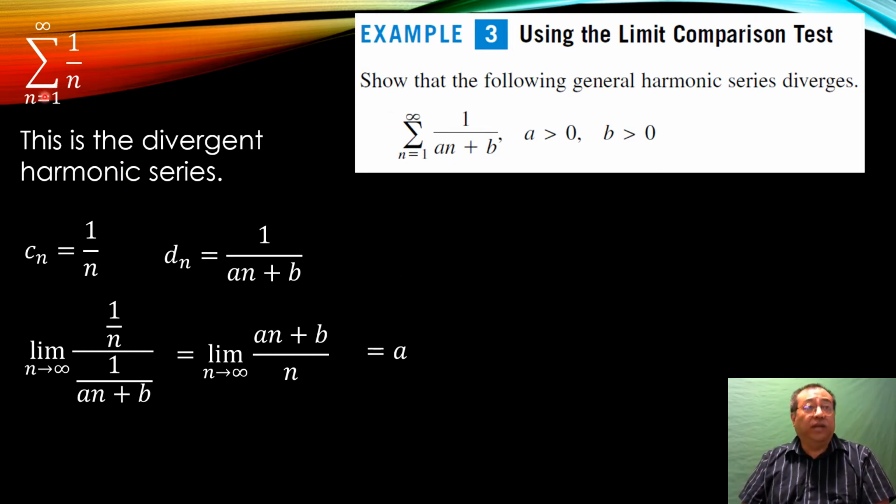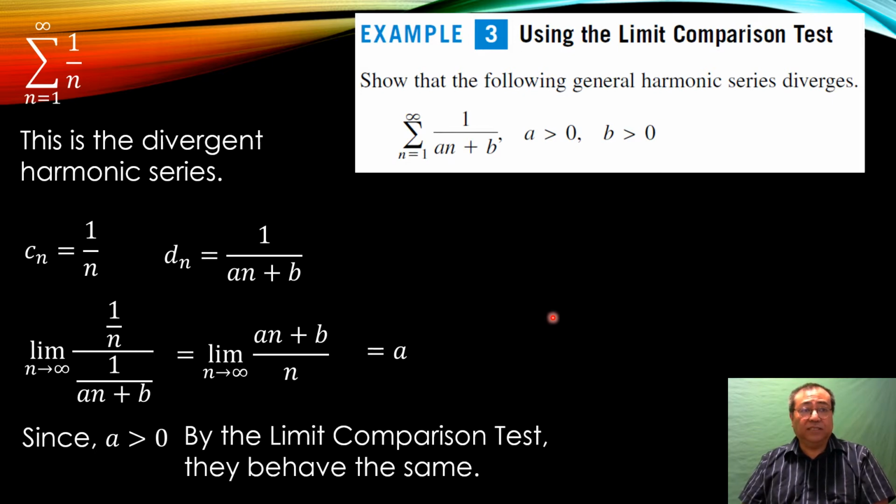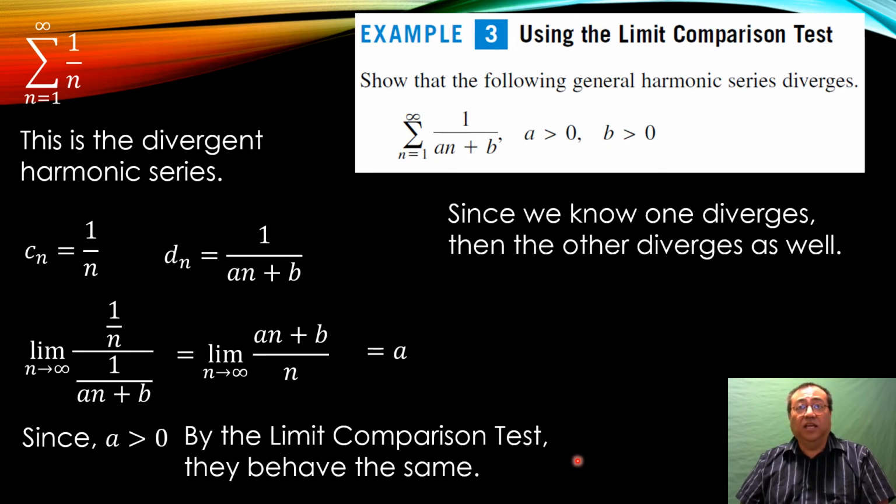We have just shown, because the limit of the ratio of the two series is a positive number, they both diverge. Since a is greater than 0, by the limit comparison test, they behave the same. Since we know one diverges, the other diverges.